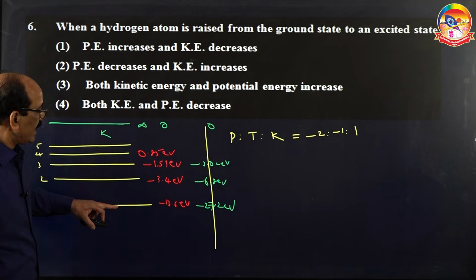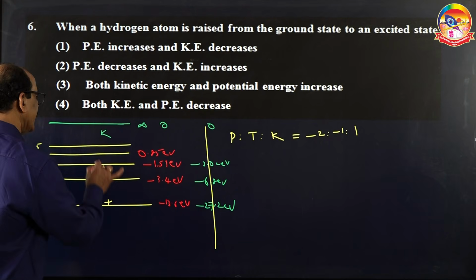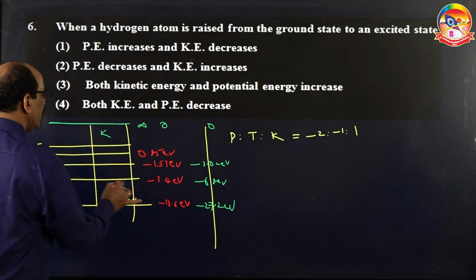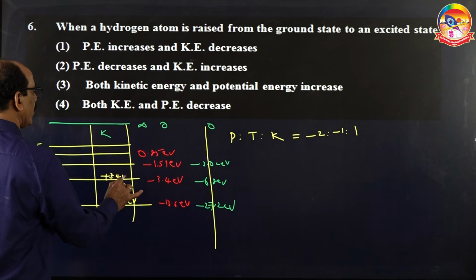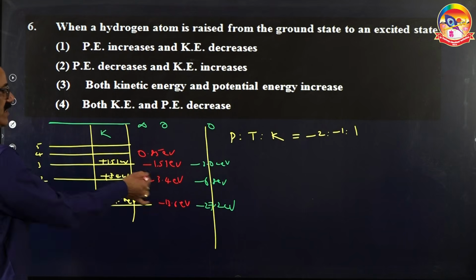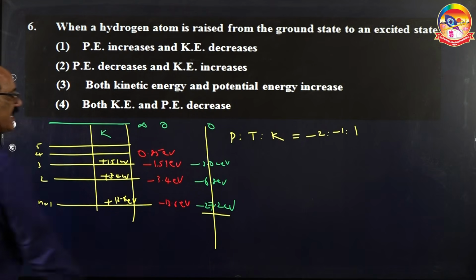So therefore, it is plus 13.6, plus 3.4 kinetic energy. This column is indicating plus 13.6 electron volt. This is plus 3.4 electron volt, this is plus 1.51 electron volt, etc. That is where the summation of kinetic energy and potential energy happens to be the total energy.